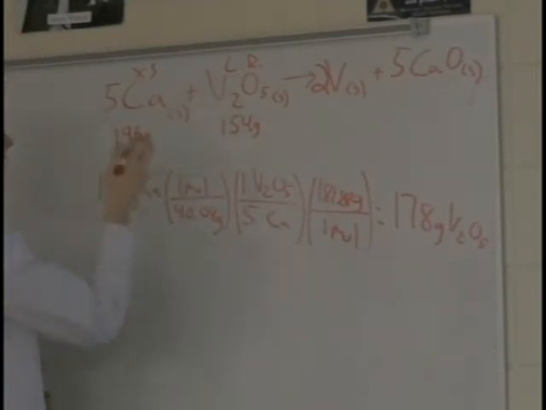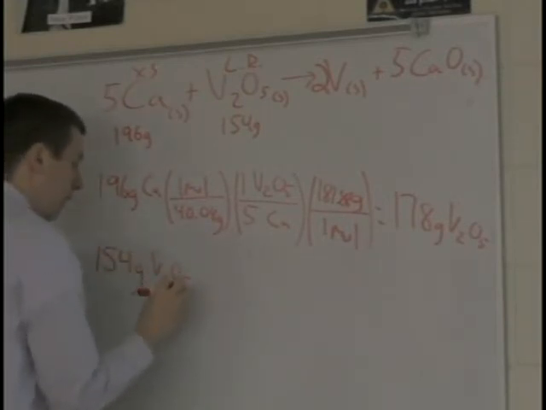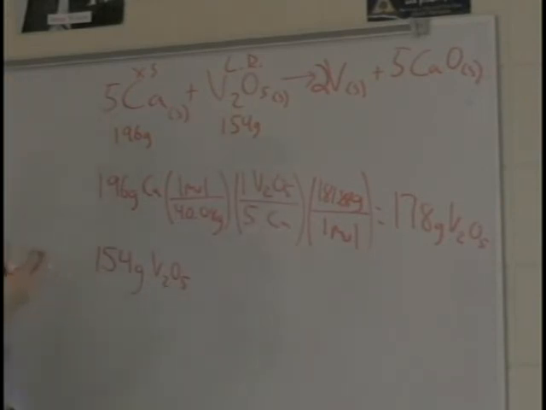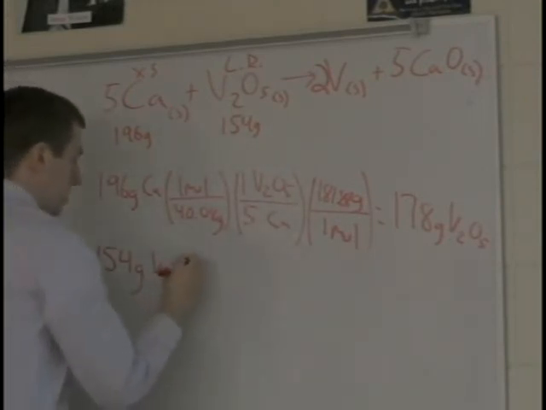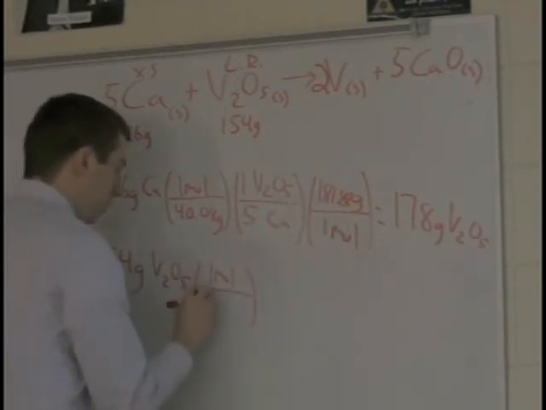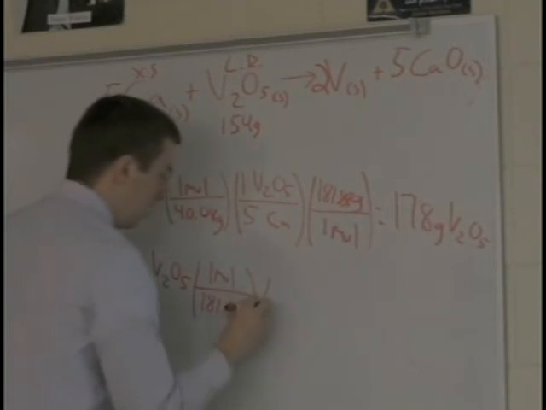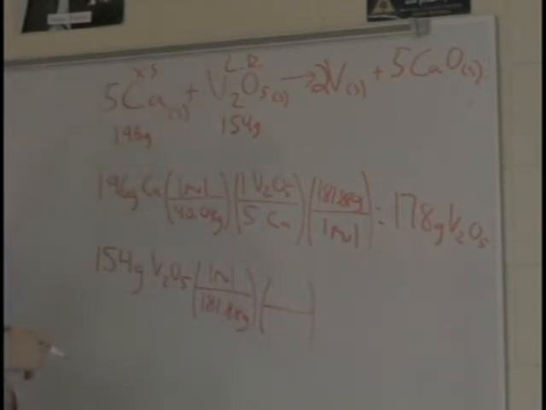Now that we know V2O5 is our limiting reagent, start with 154 grams of V2O5. Our first step is going to be to convert that to moles, which just like before is 1 mole over 181.88 grams. Second step is get it to moles of what we want to find, which is the vanadium.